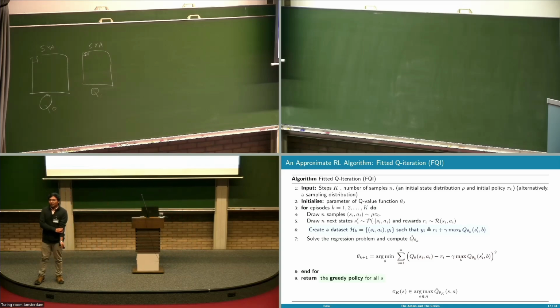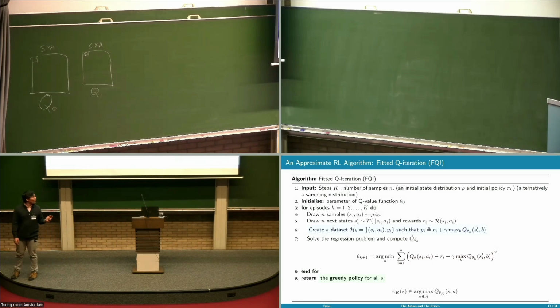Now I have one question before we move on. Why do you think this way of generating data, this yi, is a good way, or can give you a good unbiased estimator or a good regression in the end?